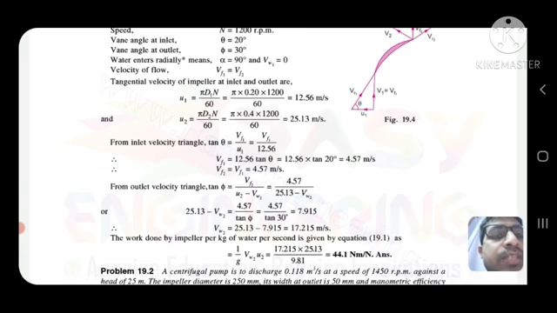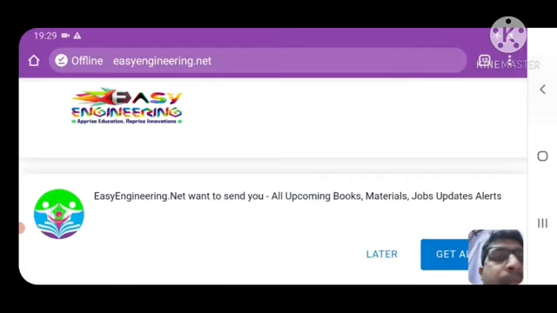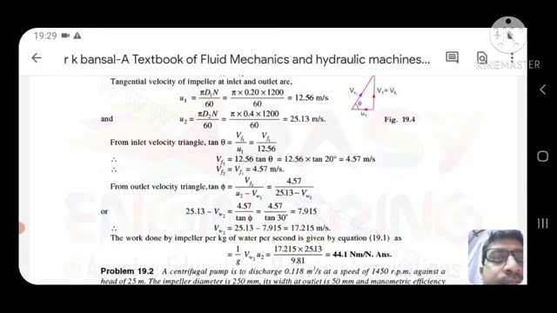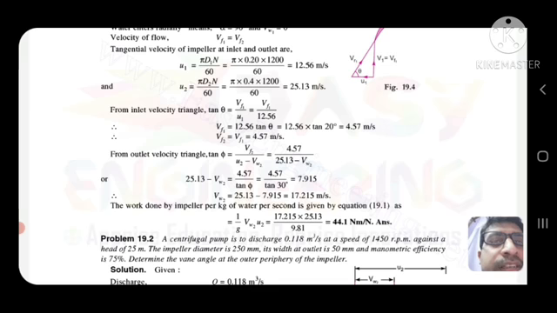Tangential velocity of the impeller at inlet and outlet are u1 is equal to pi d1 N by 60 and u2 is equal to pi d2 N by 60. So pi into 0.4 into 1200 by 60, that is equal to 25.13 meter per second.